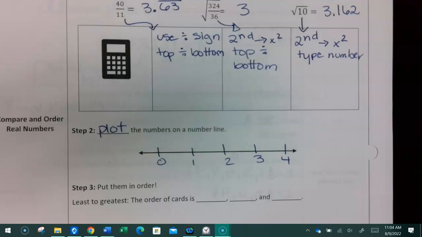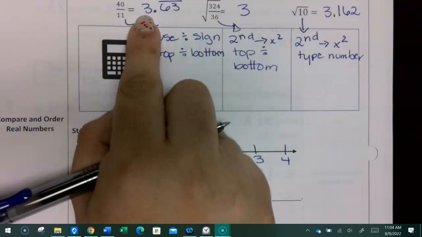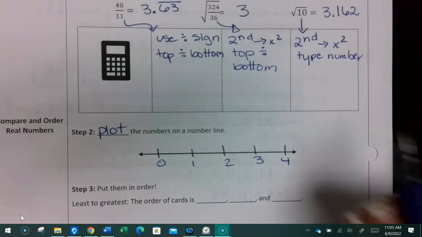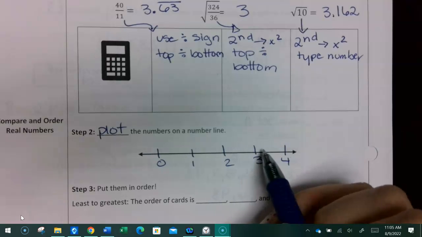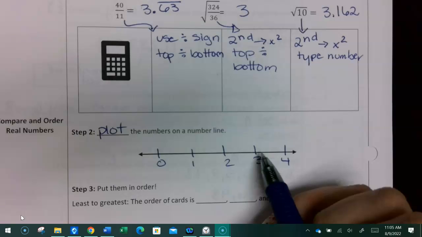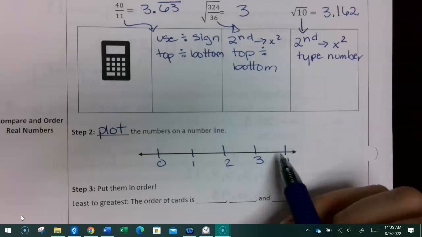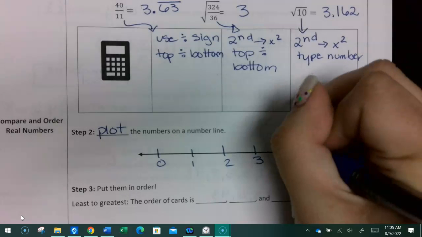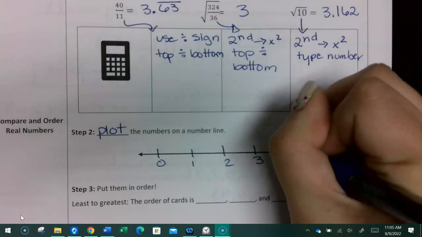Okay. 3.63, where does this go on a number line? So like here? Closer to the 4. Yeah. Because it's a little more than half. So I'm going to write the actual number above that. That was 40 over 11.